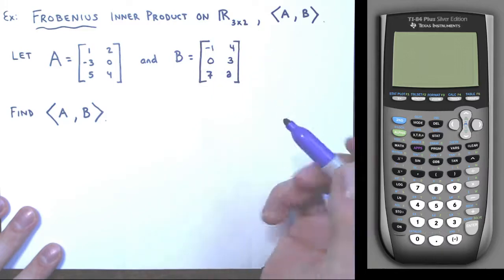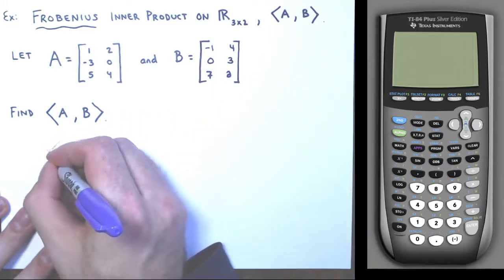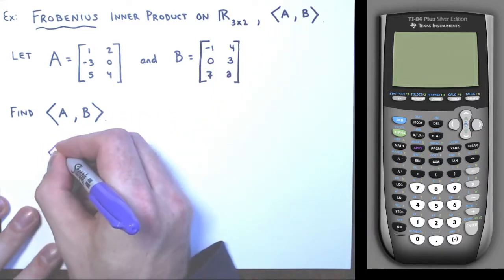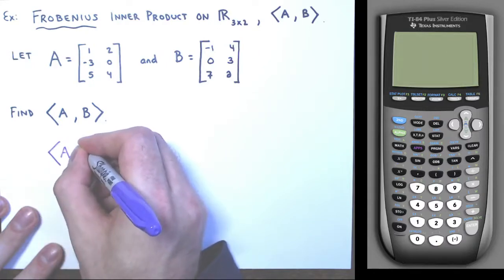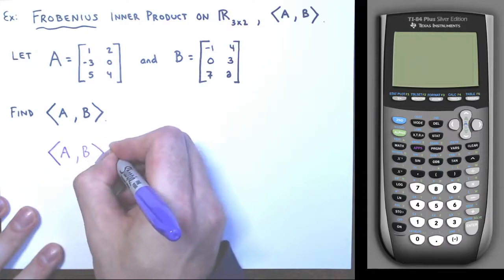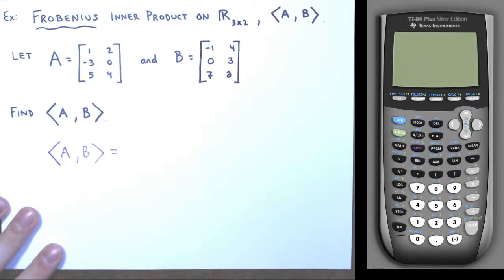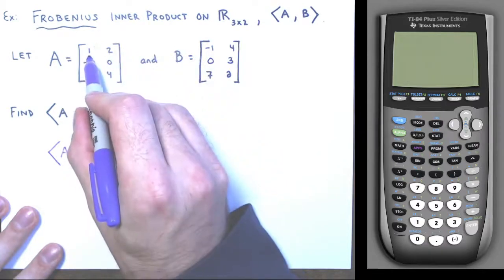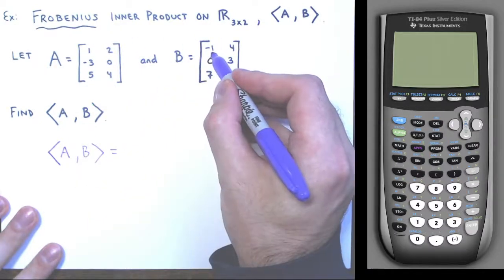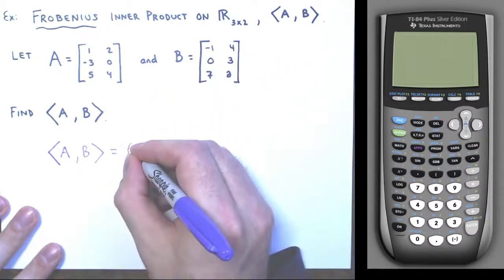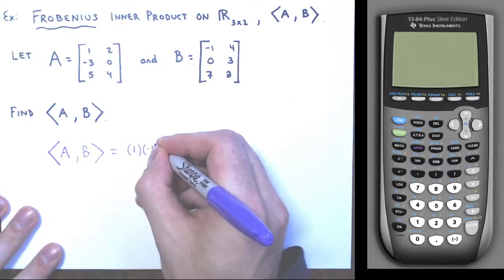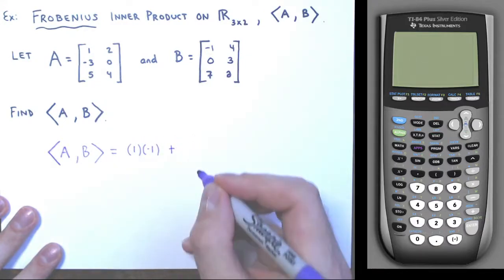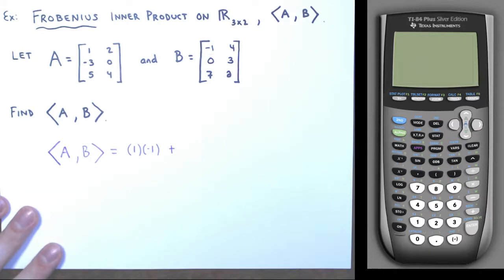So the inner product in this case of matrix A with matrix B, like I said, it's the Frobenius inner product. That means first row, first column of A multiplied by first row, first column of B. So 1 times -1 plus, and you're going to see this is very much like the dot product in Euclidean space.